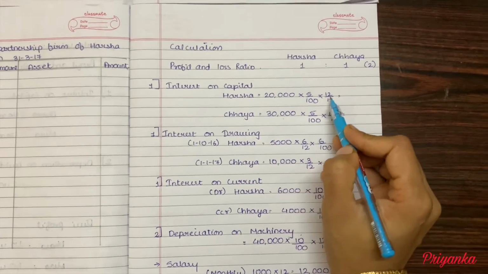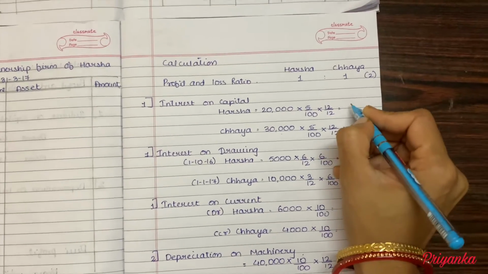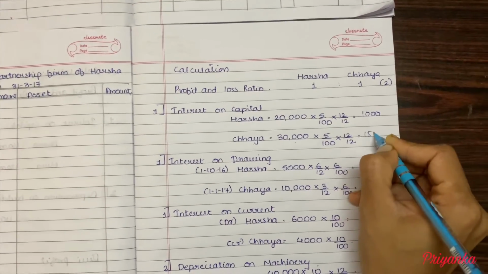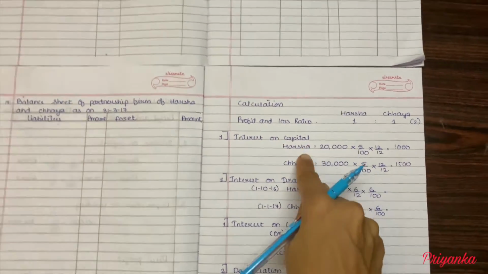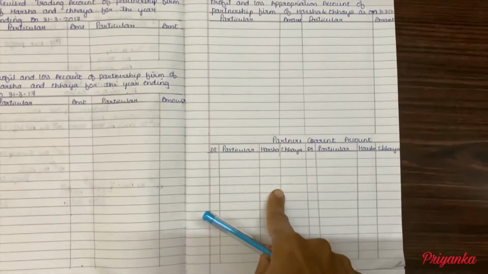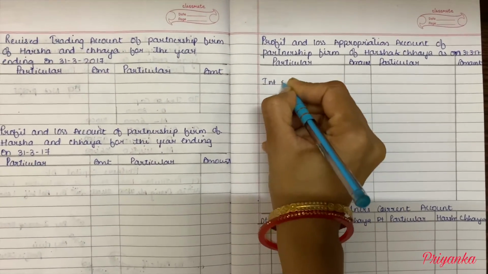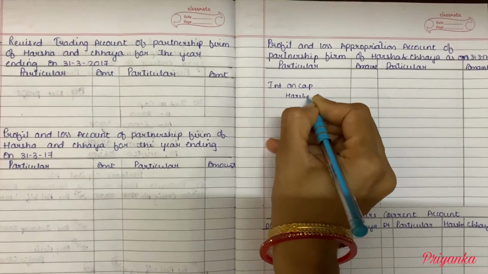As no date has been given, you can make the calculation directly. So here the answer is 1,000 and here 1,500. Interest on capital related to the partners will move in these two accounts. Here I will put interest on capital for Harsha and Chaya.